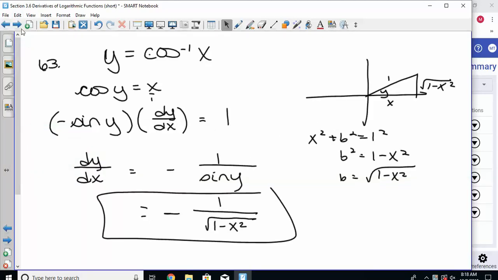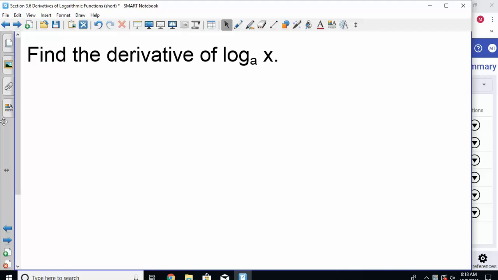So, first thing I want to do is actually work out the derivative of log. Everything's more fun if we prove it first, right?